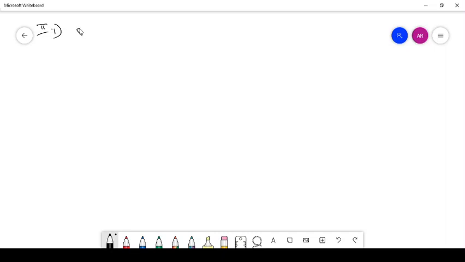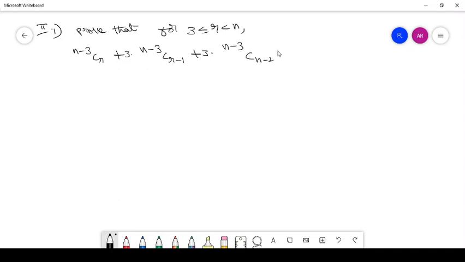Prove that for 3 less than or equal to r less than or equal to n, (n minus 3)Cr plus 3 into (n minus 3)C(r minus 1) plus 3 into (n minus 3)C(r minus 2) plus (n minus 3)C(r minus 3) is equal to nCr. That is equal to nCr.